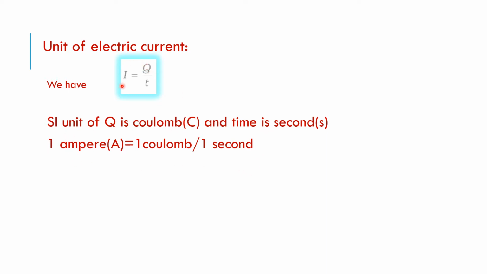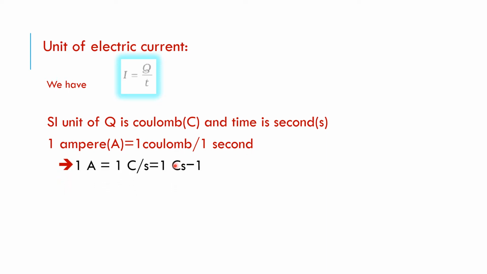This formula I have used, and the left-hand side is current, whose SI unit is ampere, that we have already seen. The SI unit of charge is coulomb and the SI unit of time is second. So we get the formula in terms of units as 1 ampere is equal to 1 coulomb divided by 1 second.